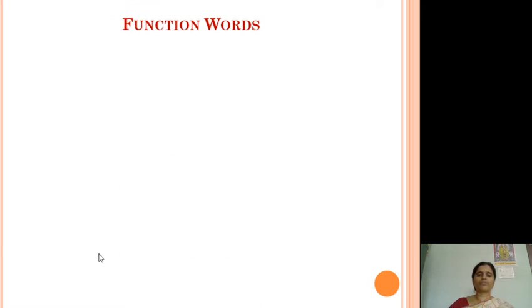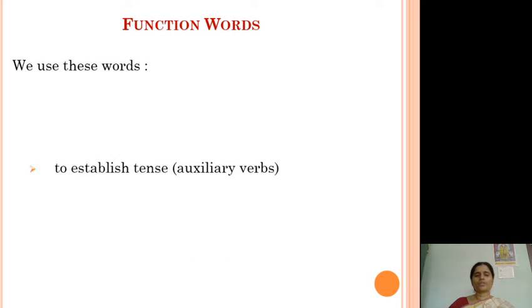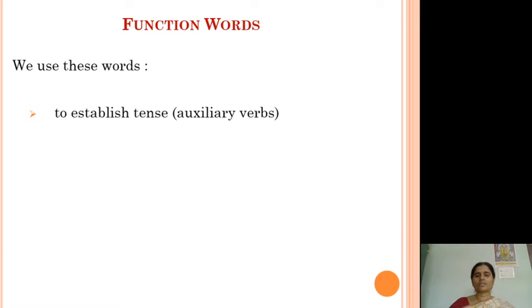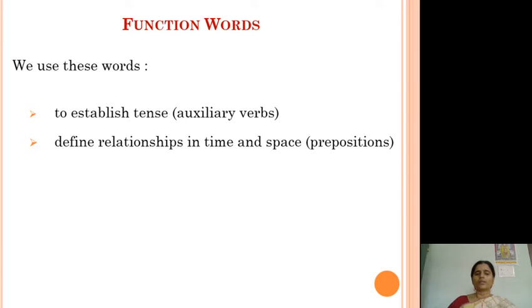Now let us see what are function words. As I said, function words are used to link up the content words grammatically to make a sentence. So we use these words to establish tense, for example, auxiliary verbs, and we use these function words to define relationships in time and space, and we use these function words to tie together clauses.